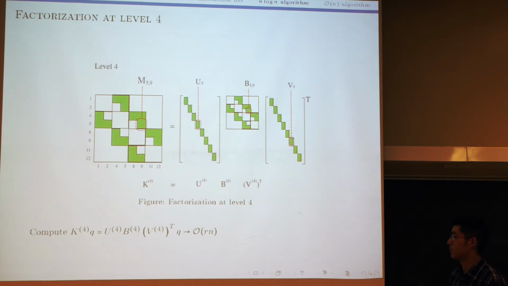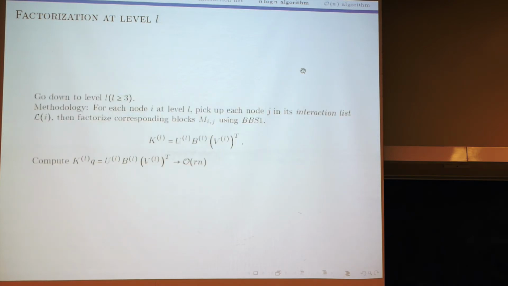Similarly, the complexity for computing K4 times Q is linear. Inductively, we can find far-field interactions at each level and factorize the corresponding matrix into the form like this, where the complexity for computing the matrix vector product is linear.